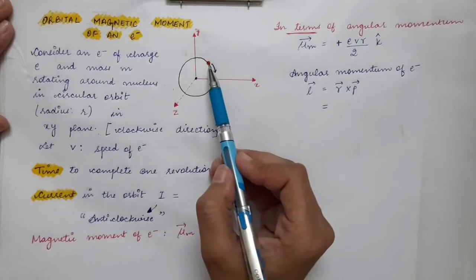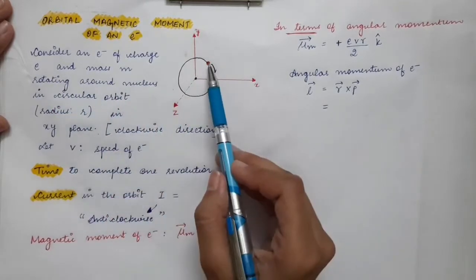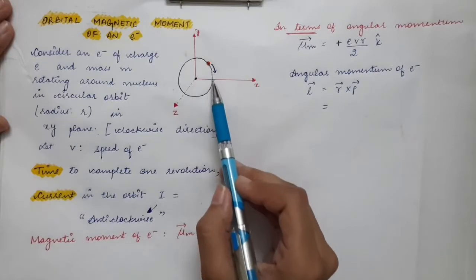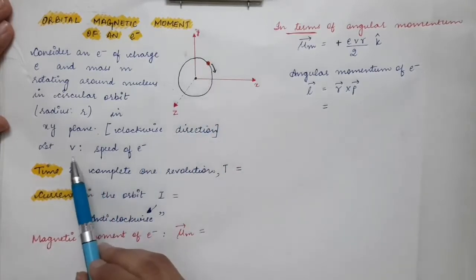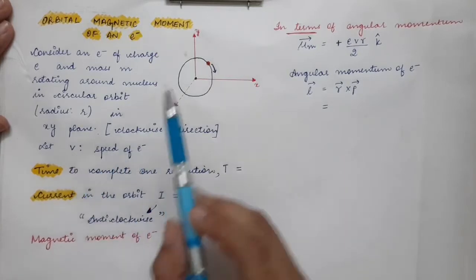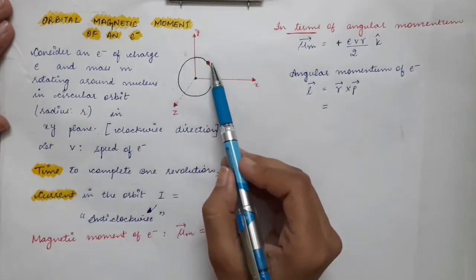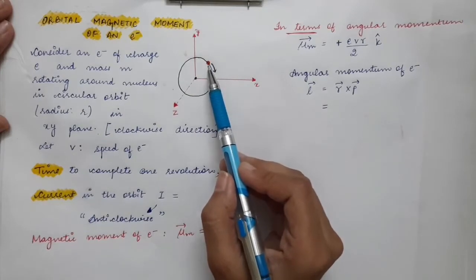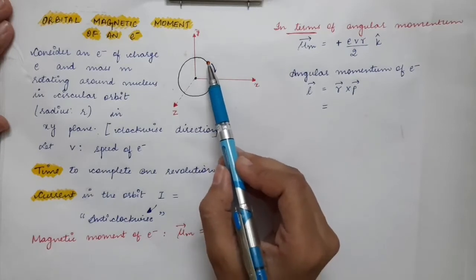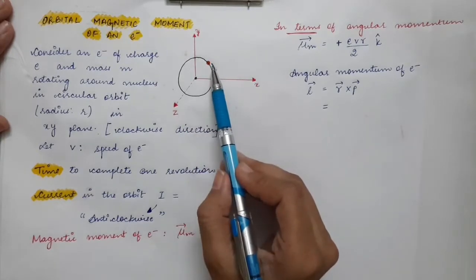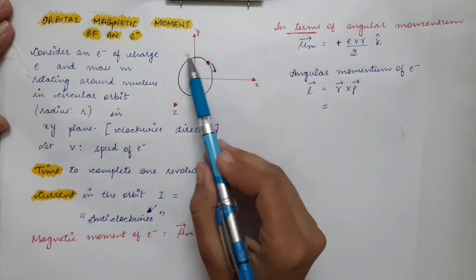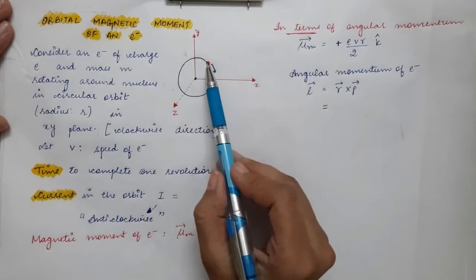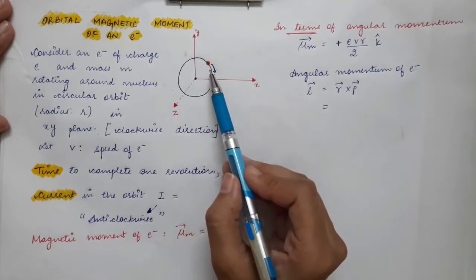So the electron of charge e and mass m is revolving in the clockwise direction with speed equal to v. If this electron is revolving around the nucleus, it is obvious that this will give rise to the flow of current in the circular motion. So if the electron is revolving in the clockwise direction, then the current will be flowing in this circular loop in the anti-clockwise direction, means opposite to the motion of the electron.